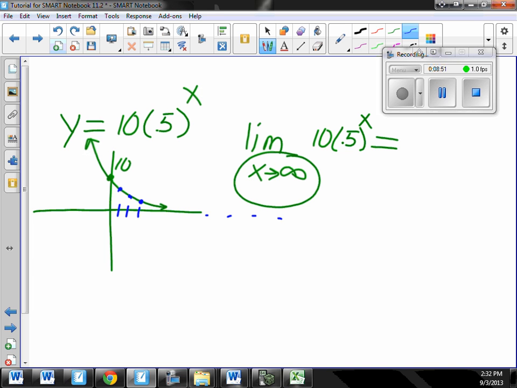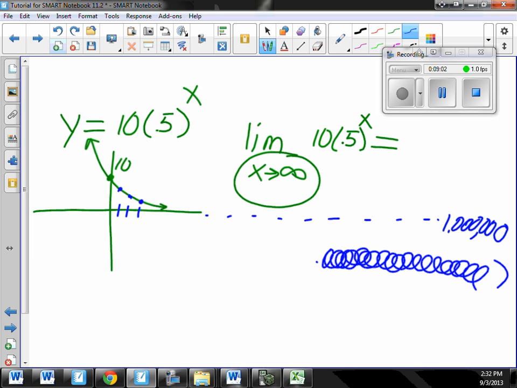If I were to plug in 1,000,000, I would get something like 0.00000007. I don't know, something like that. That's my guess. Okay? Which is really close to 0, but it's not 0. But if I actually reach infinity, then the answer is 0.